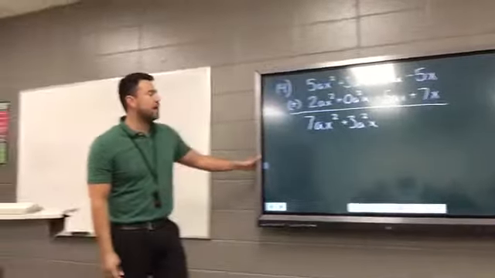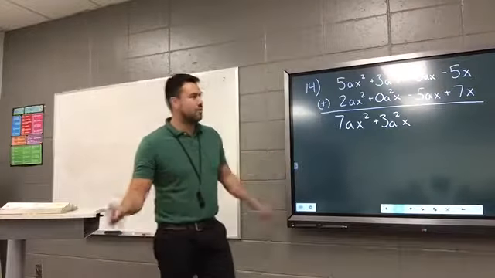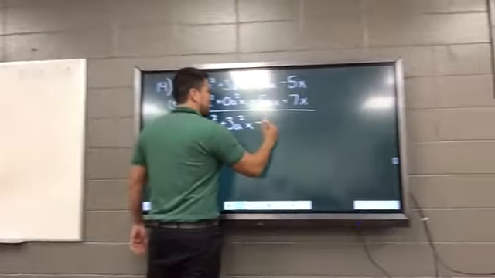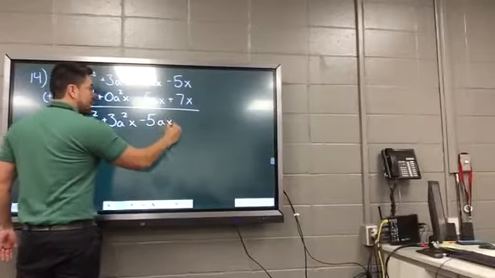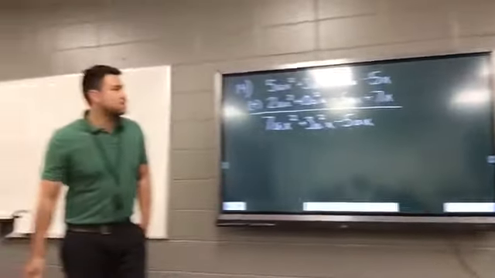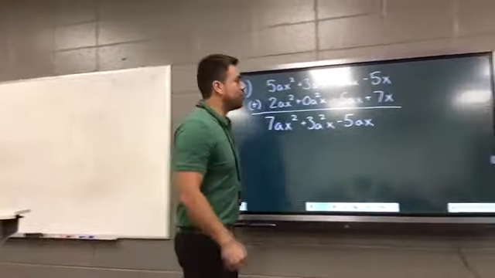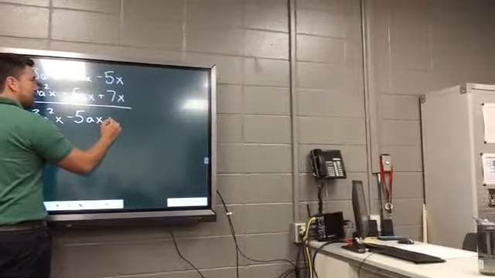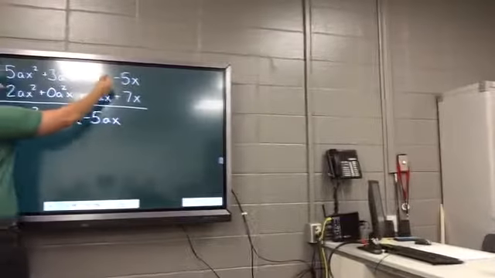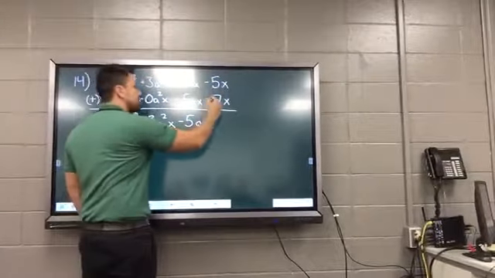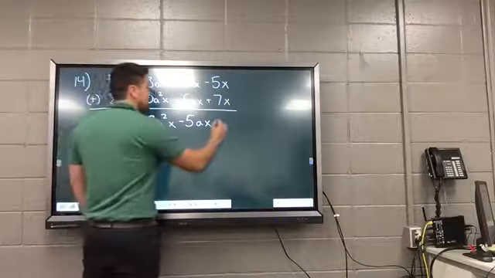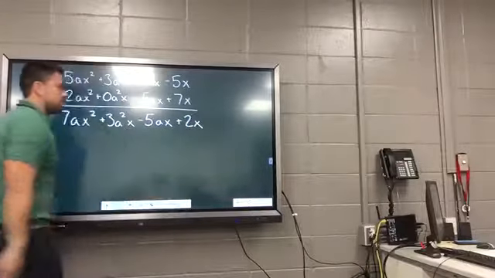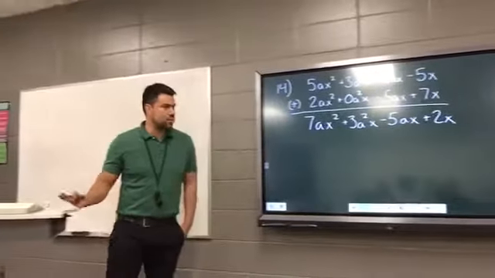Vivian, what is 0ax minus 5ax? Negative 5ax. Lisby, what is negative 5x plus 7x? Negative negative 5x plus 7x. Positive 2x. Make sure you get those signs right. I'll keep you straight on those.